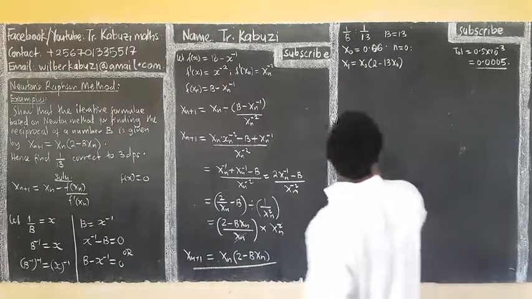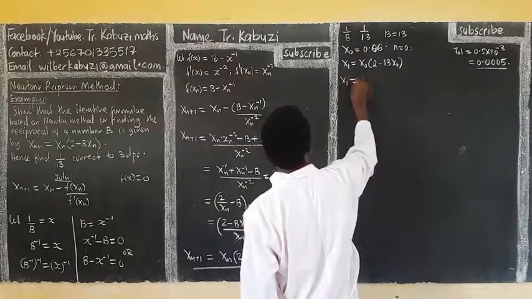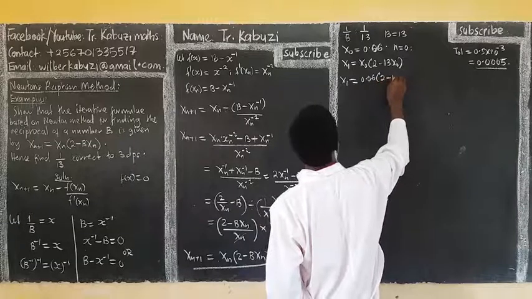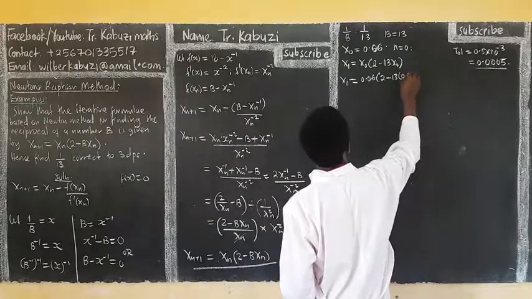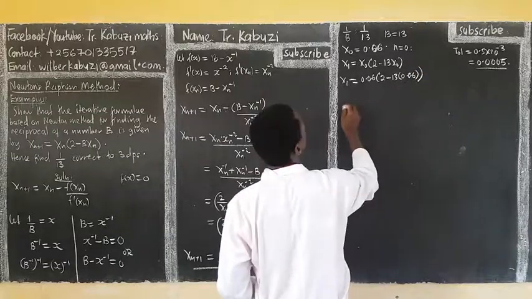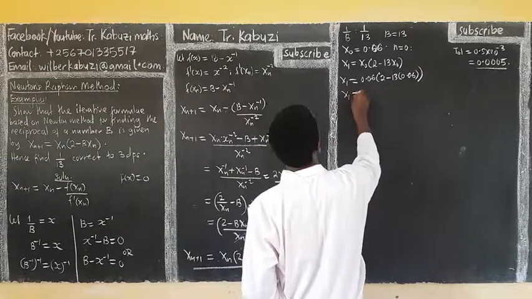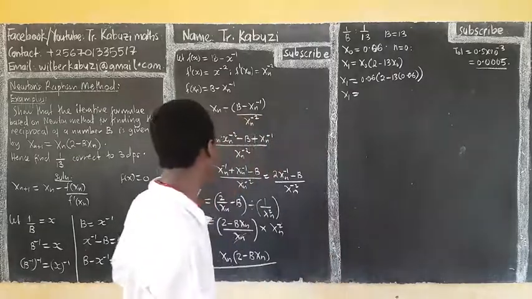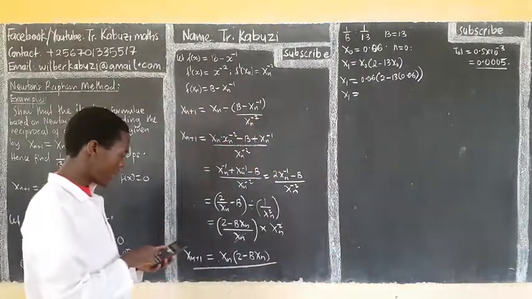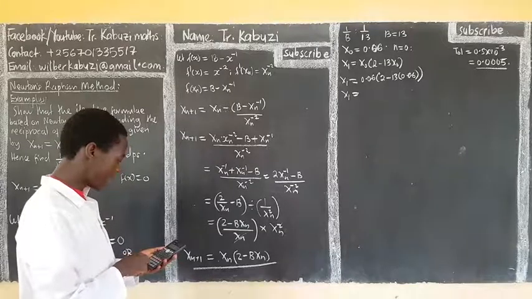So now, if I'm substituting in this value, I'll be having 0.06 into 2 minus 13 into 0.06. Then my root here, x1, is going to be, I told you, you press this function on the calculator so that you can easily get the answers.